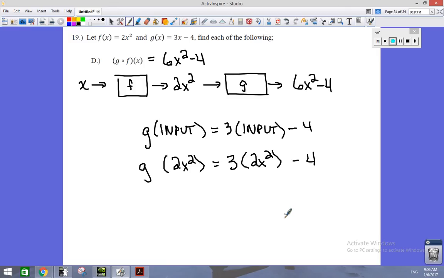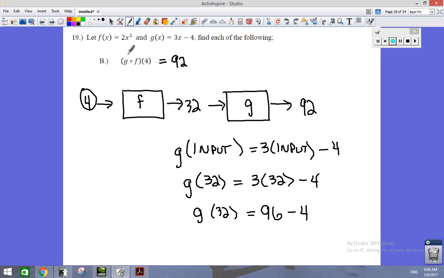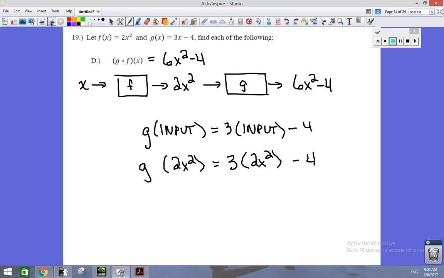So let's check our answer in B. When we did this in B, g of f of 4, let's evaluate this function at 4. So everywhere I see an x, I'm going to replace it with 4. So I've got 6 times 4 squared minus 4. And now this is not part of this.